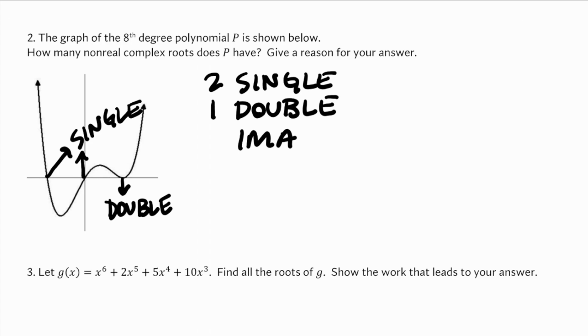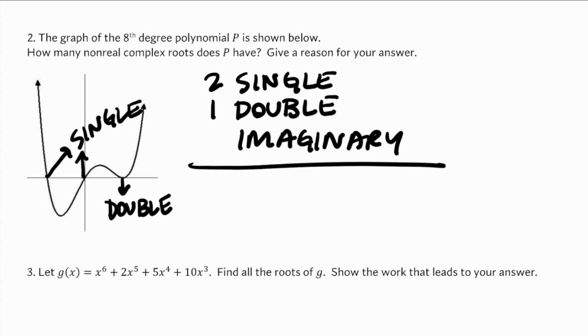That's what we learned this time. And the double counts for 2, so I've got 4 already, and so I have 4 unaccounted for. Those are all going to be imaginary.